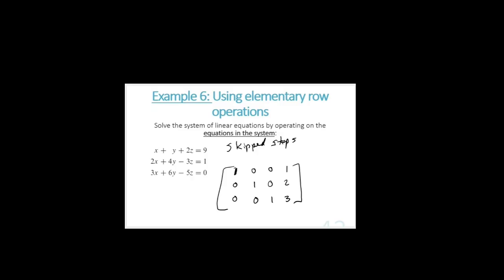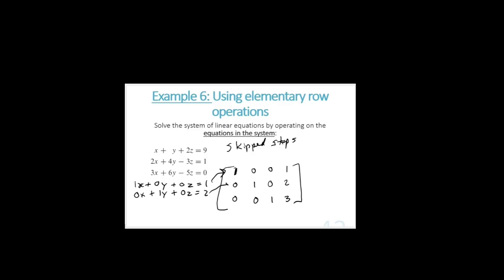Yep, you got it. So what are our equations now? If we were to put this back into equation form, we would literally have 1x plus 0y plus 0z equals 1. That's for the top row. Then we'd have 0x plus 1y plus 0z equals 2.